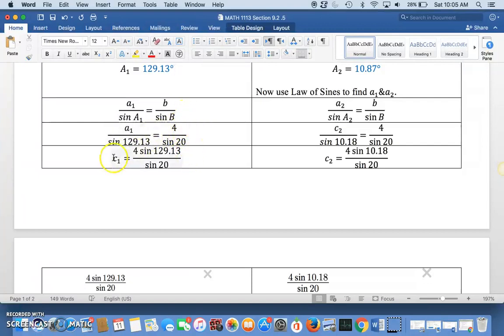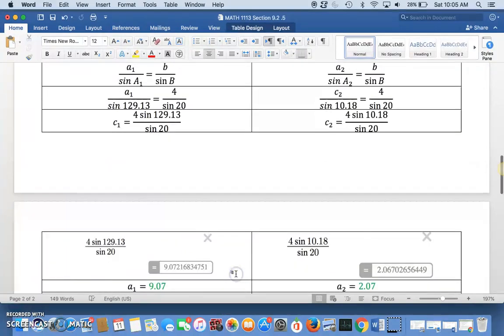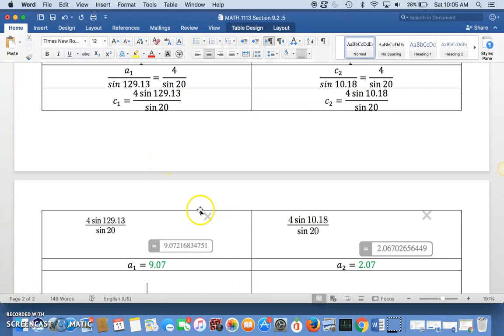We cross multiply, and then we end up dividing by sine of 20 to get a1 by itself. Then we'll go down and do the arithmetic in Desmos, and you've got your side a as 9.07.